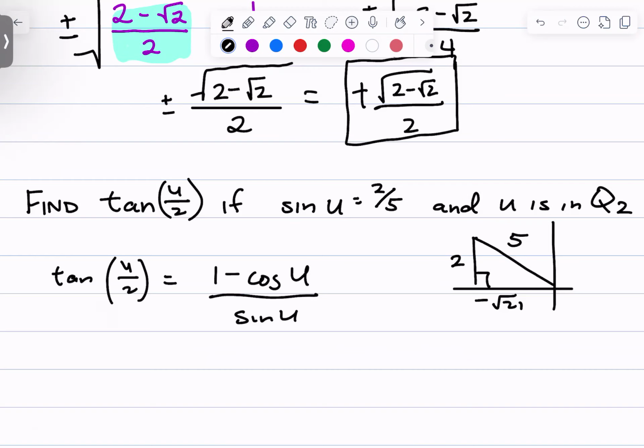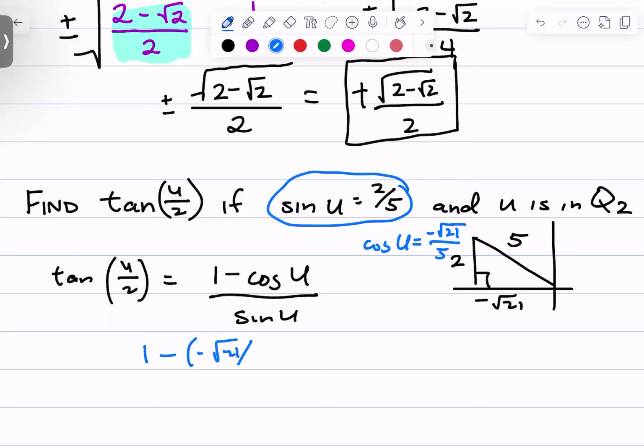So cosine of u equals negative square root of 21 over 5. Right? I know my sine is 2 over 5. So it's going to be 1 minus negative square root of 21 over 5, over 2 over 5.